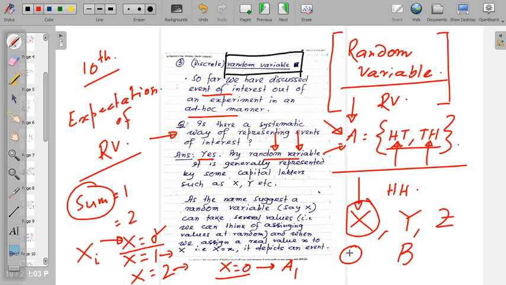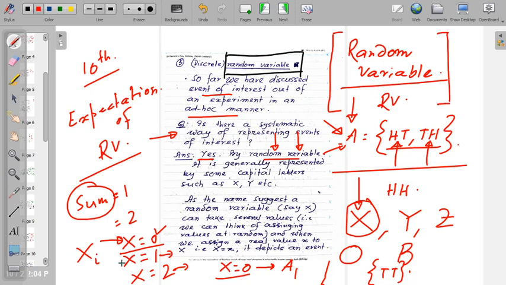Now X equal to 0 means: the number of heads is 0. What is the outcome we have got? We have got TT. That's why it is X equal to 0.